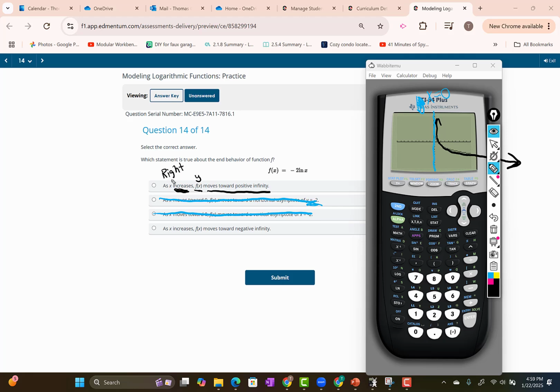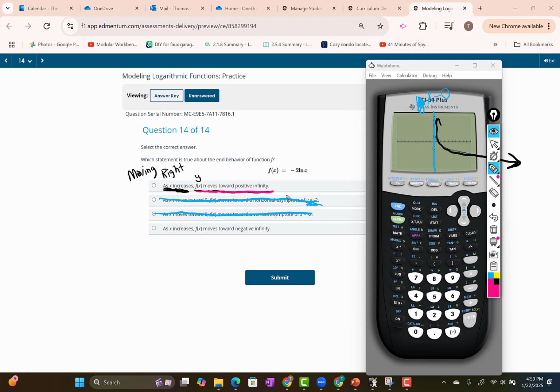As x increases, that means we're moving right. I'm going to use a different color. Let's use pink here. So as x is moving right, that tells us y is moving toward positive infinity. Well, which way do you think that is?